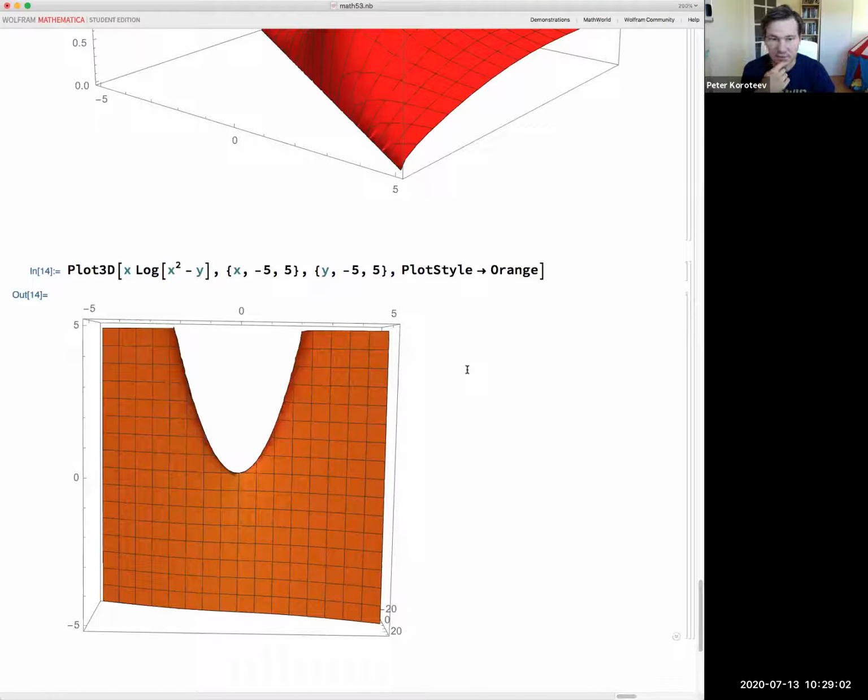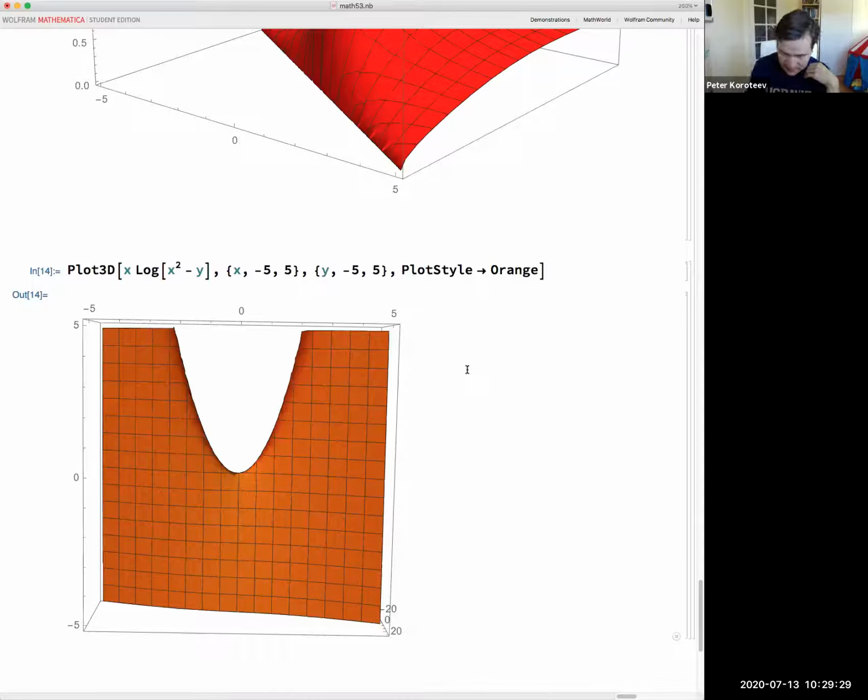That's right. So basically, think about it this way: all values of x and y are possible unless something goes wrong. So, what can go wrong with the log? So x squared minus y should be bigger than 0, so y is less than x squared.